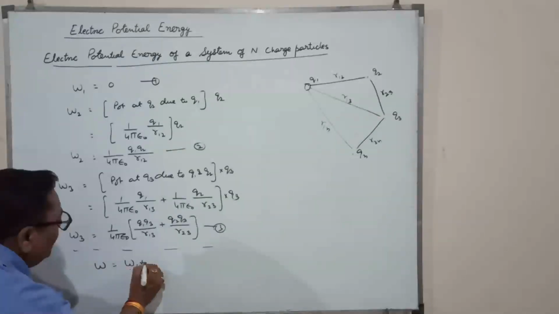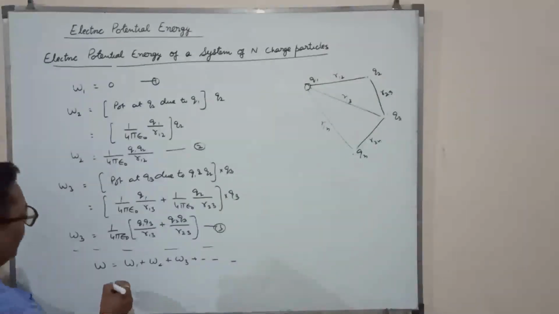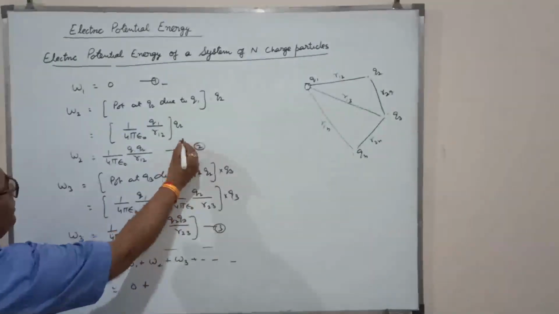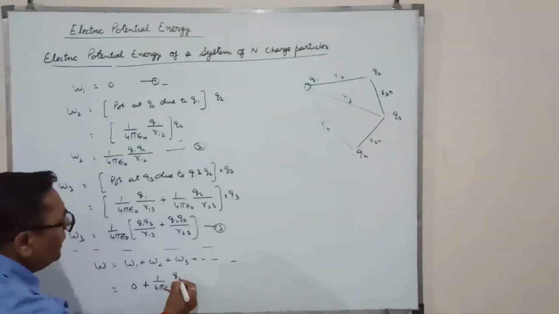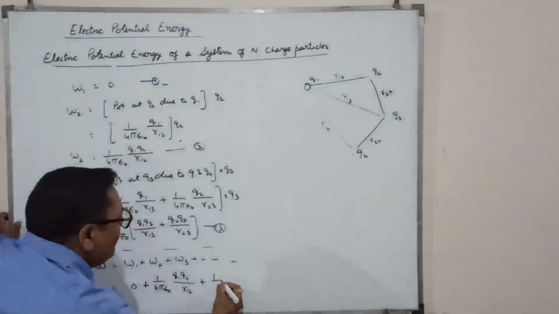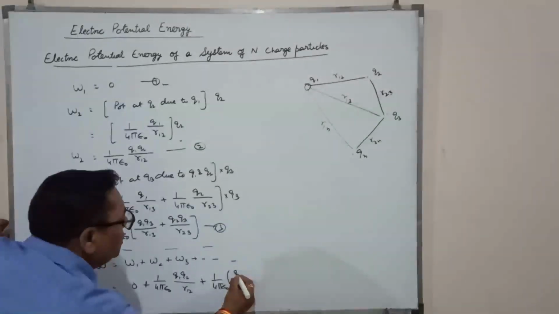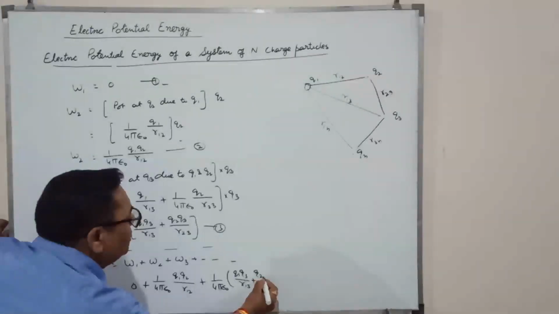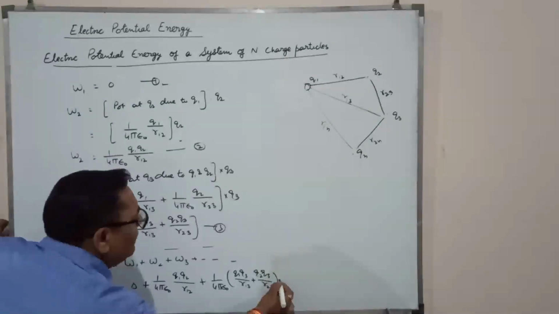W is equal to W1 plus W2 plus W3 and so on. That is, W1 is 0, W2 is 1 upon 4 pi epsilon 0 Q1 Q2 upon R12, plus 1 upon 4 pi epsilon 0 times Q1 Q3 upon R13 plus Q2 Q3 upon R23 and so on.